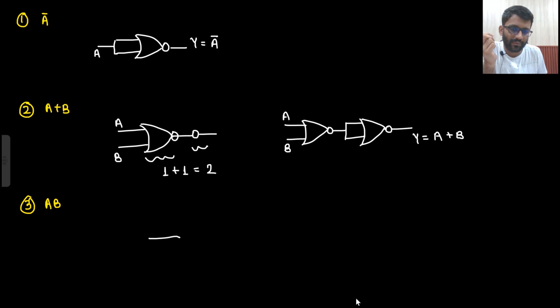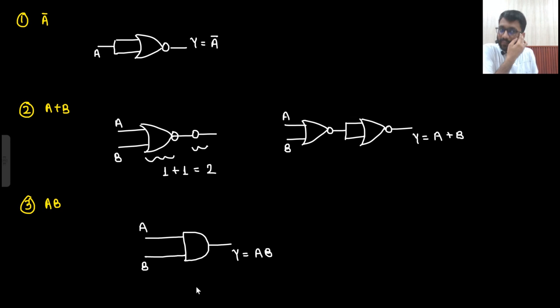So what will I do? This is A, this is B. Y is equal to AB. But what you need is a NOR gate. So for the NOR gate, here you need to introduce a bubble and another bubble, because what is your NOR gate?